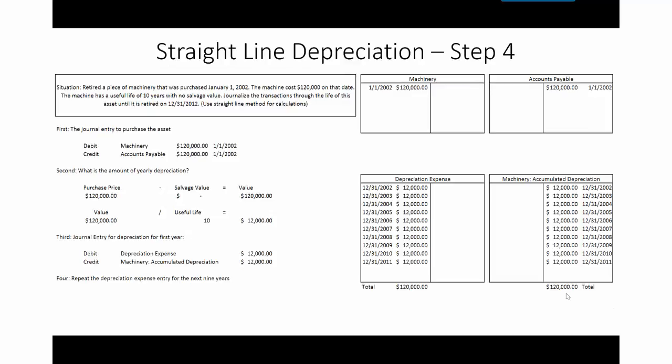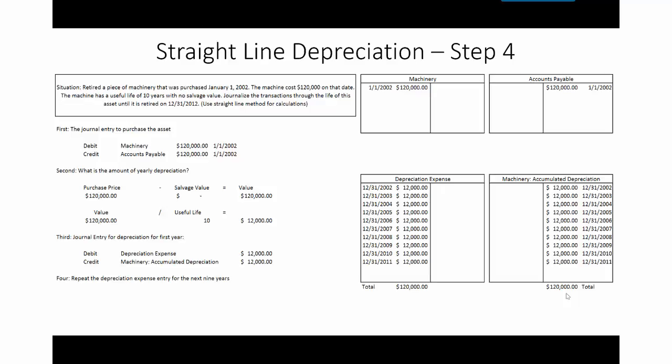Now, the next thing to notice is that every year through 2011, which is the total 10-year period that we're talking about, I will have created that same journal entry in order to depreciate this asset, so that over that 10-year period, when I purchased it originally, it cost $120,000. By the end of its life, it needs to be fully depreciated by that $120,000.